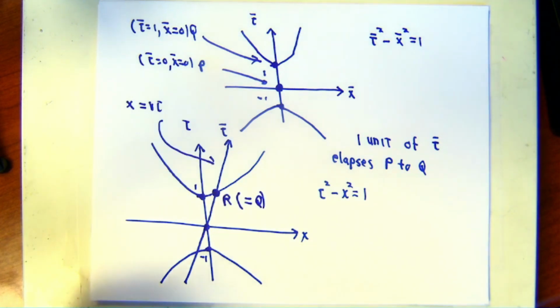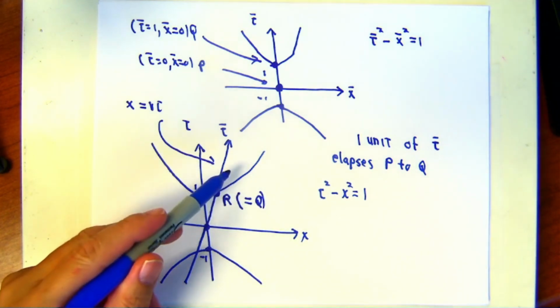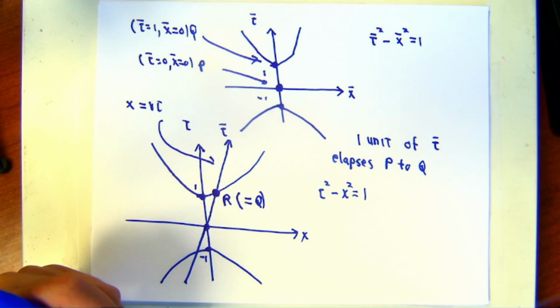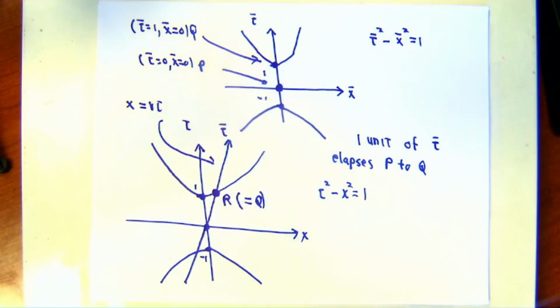I can find the upper intersection of the invariant hyperbola with the t-bar axis and call it R. This is a point that is on the invariant hyperbola and is also on this t-bar axis, but obviously there's a spot that is on the t-bar axis and on the hyperbola, so point R actually is the same as point Q. If I can figure out the unbarred coordinates of point R, I'll know what the coordinates of point Q are according to the unbarred system.